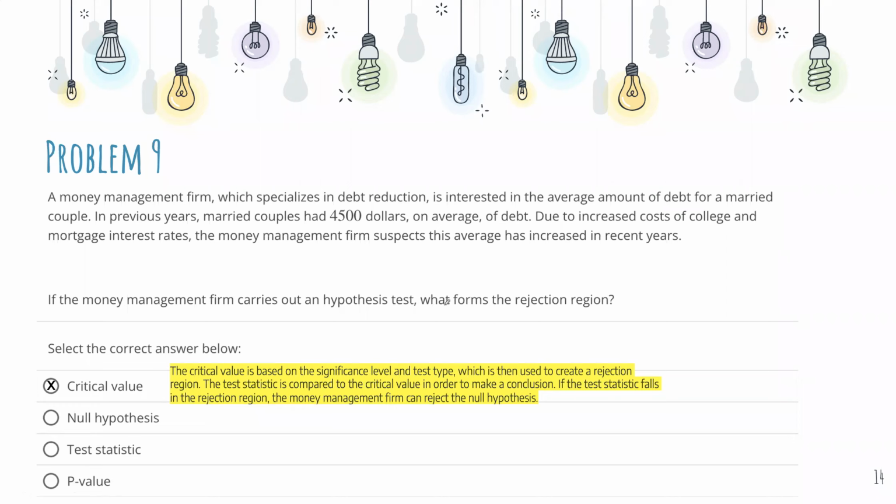So what forms the rejection region? The critical value. And if you remember the picture that I had a couple of slides before, the critical value is based on the significance level and test type, and then it's used to create that rejection region. When I have the tails shaded in red, I'm showing you that that was the rejection region.